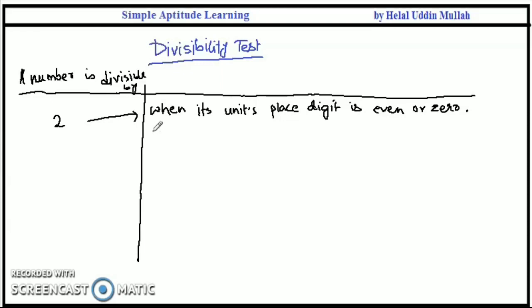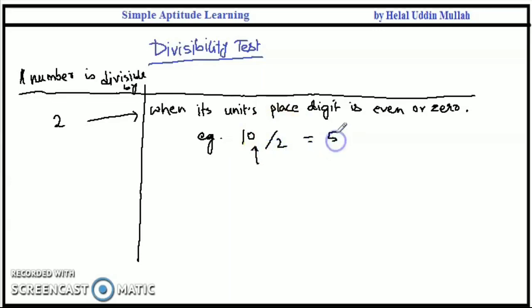Like, we're learning here that a number is divisible by 2 when its unit place digit is even or 0. For example, 10. Its unit place digit is 0, so it can be divided by 2.